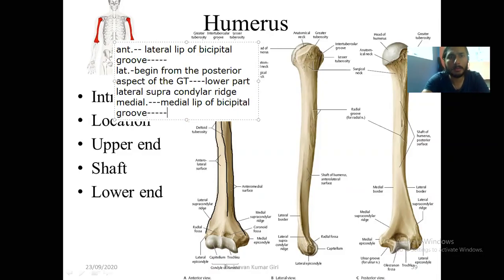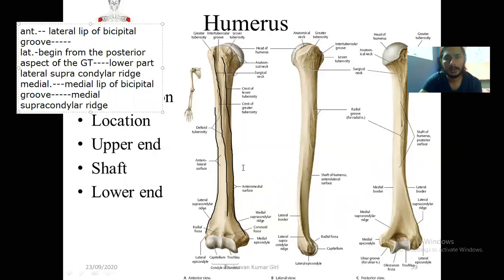In the lower part it forms the medial supracondylar ridge. So this is the medial supracondylar ridge, and this is the lateral supracondylar ridge, formed by the medial and the lateral border. So this is about the borders.